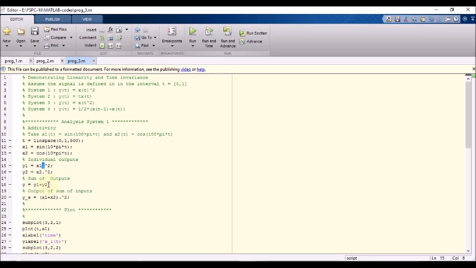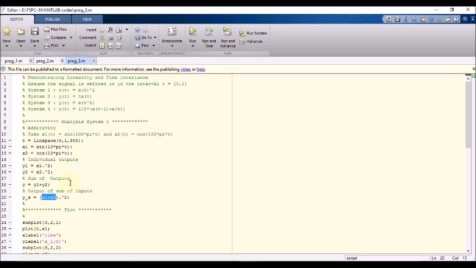Now the sum of the corresponding outputs is y1 plus y2, which is represented by y. The output corresponding to the sum of the inputs is given by x1 plus x2, which is pointwise squared.